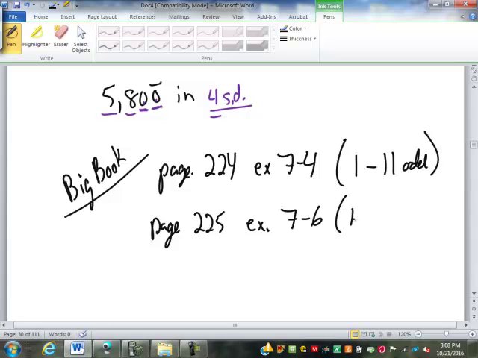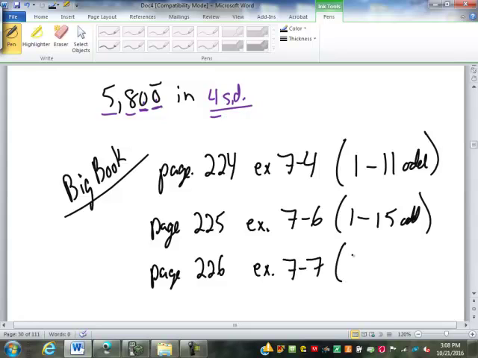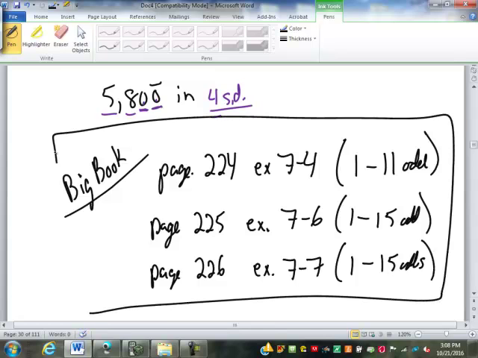We'll have you do 1 through 15, the odds. And on page 226, it is exercise 7-7. I'll have you do 1 through 15, the odds again. That should keep you busy for the next 20 minutes or so. I'll give you the time to get started on that. Anybody have any questions?